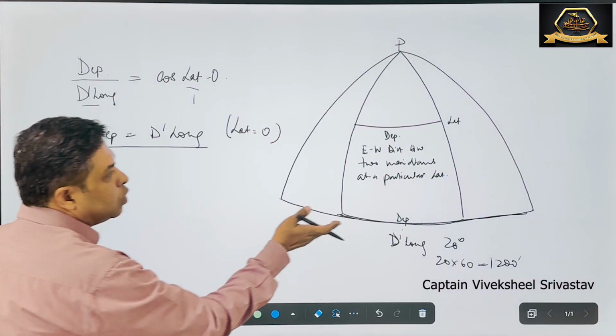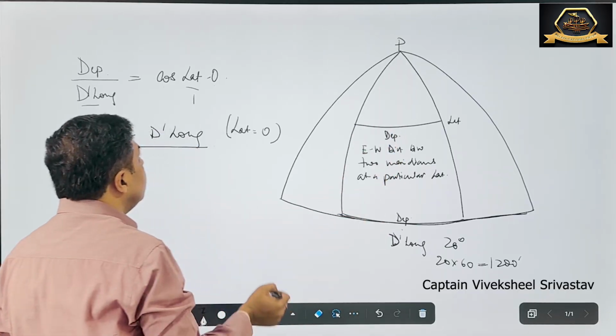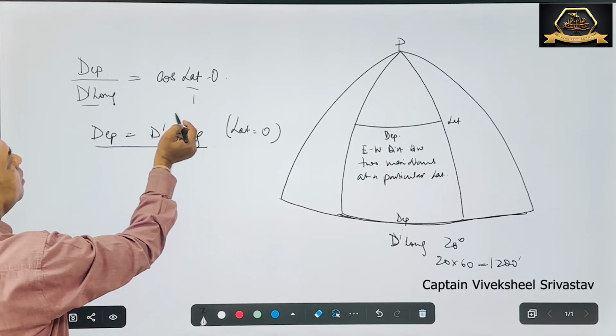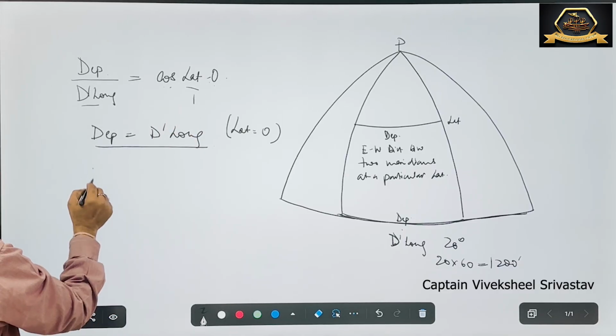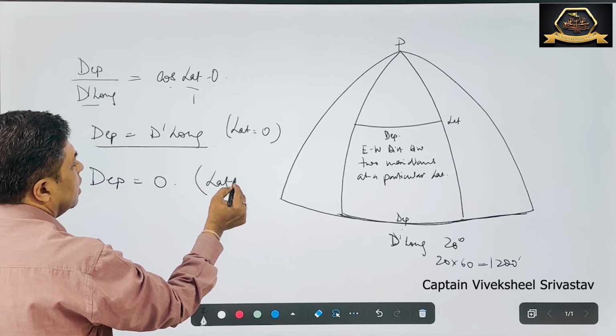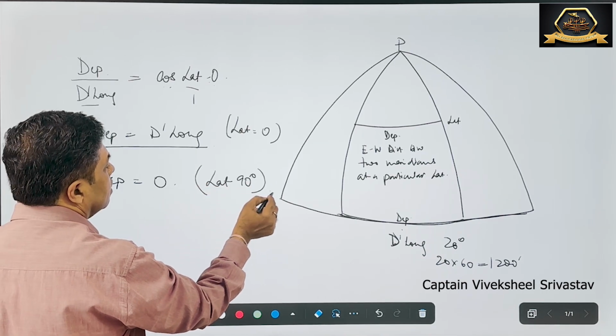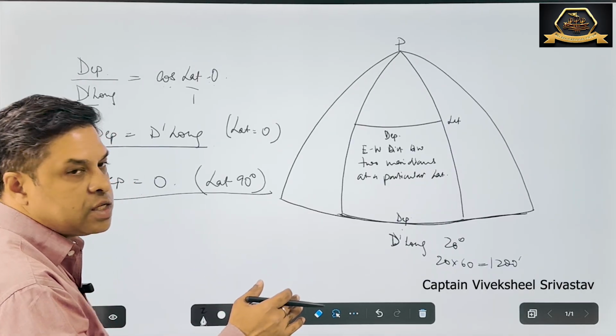Now, as you go up, the latitude increases. When you reach latitude 90, what happens to departure? You put here cos 90, it becomes 0. So departure becomes 0, right? So the departure depends on the latitude.